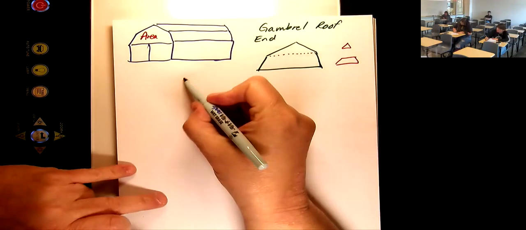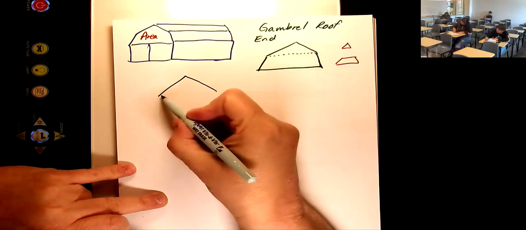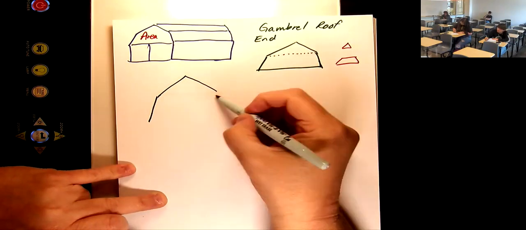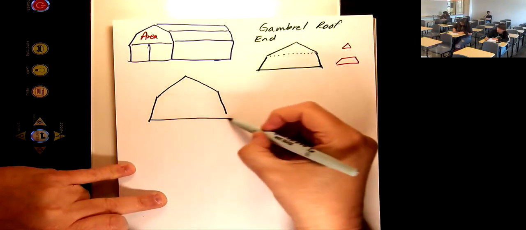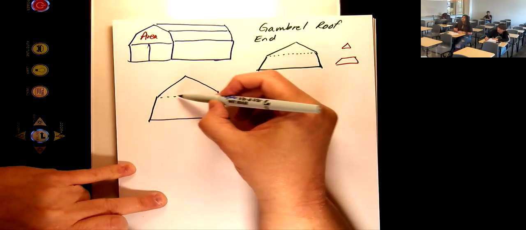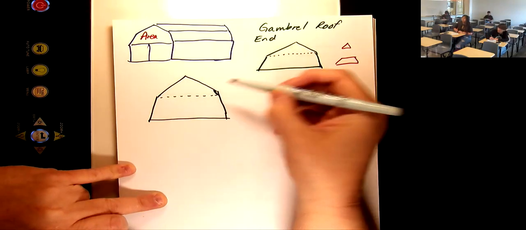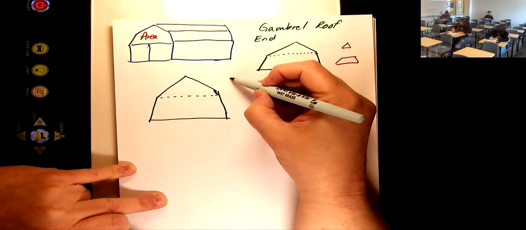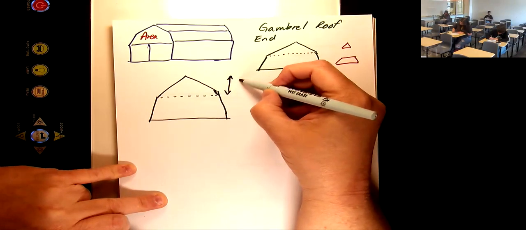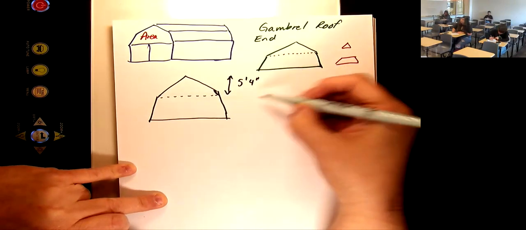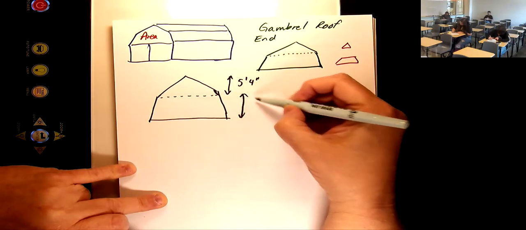Let me draw a bigger gambrel roof. This is going to be 5 foot 4 inches. This right here will be 8 feet.